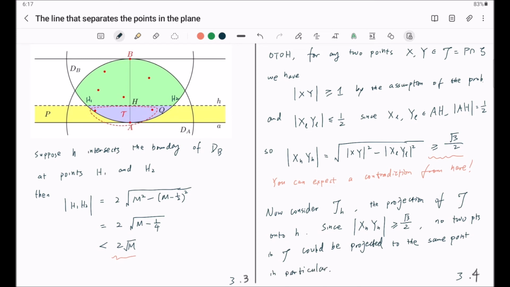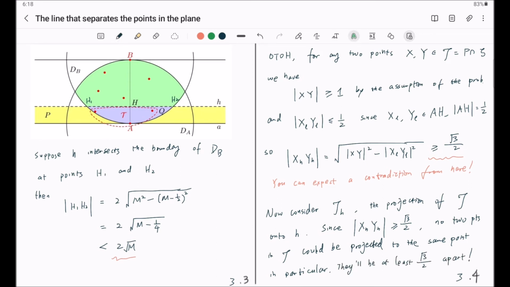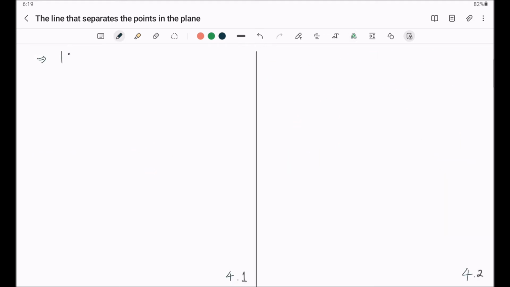And as a matter of fact, they will be at least root of 3 divided by 2 apart. This tells us the cardinality of TH will be same as the cardinality of T, which is, by our notation, equal to t.